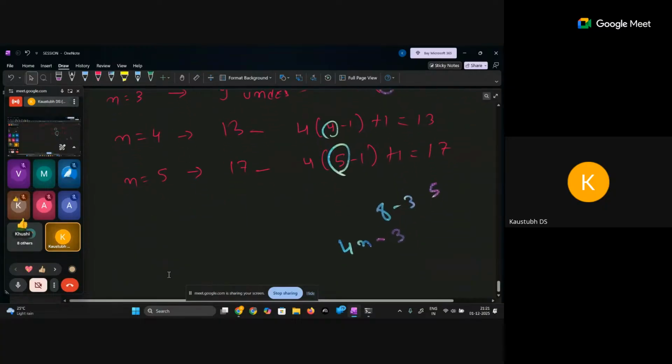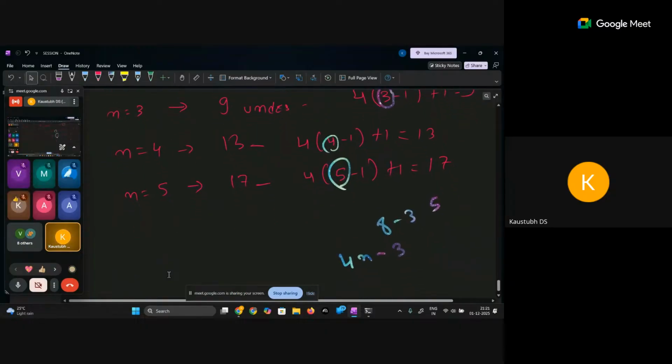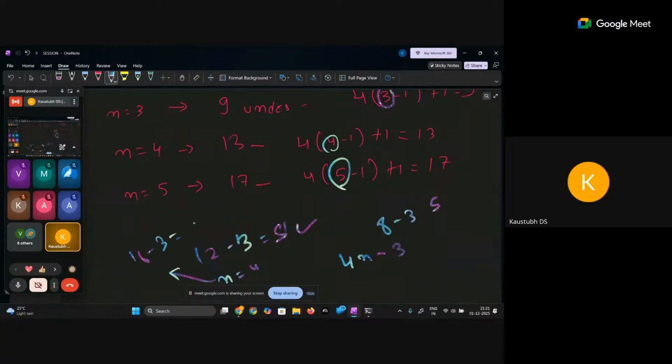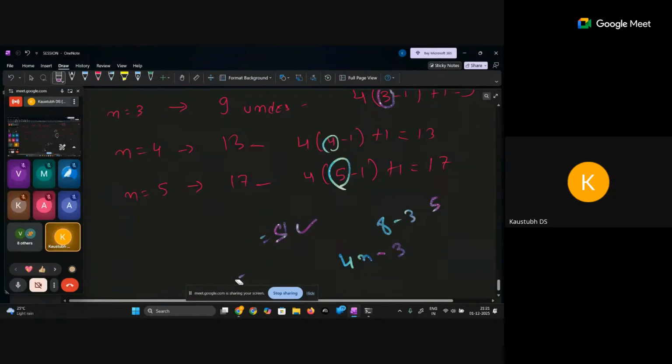Nice. For n equals 3, we'll get 12 minus 3, which is 9. Works. For n equals 4, we'll get 16 minus 3, which is 13. Okay, yeah. Manjeet, yours also works.